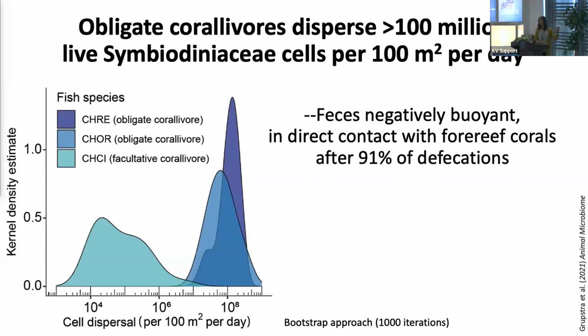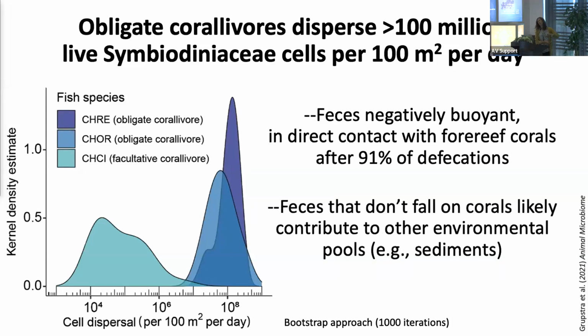We did ground truthing fish follows to make sure that the fishes were eating what we thought they were eating out on the reef, and to observe these defecation events and what happened to the feces. It's different on different parts of the reef, but on the part of the reef that has a lot of corals, when a fish would defecate, in 91% of the cases that we saw, at least some piece of the fecal material would land directly on a coral, which could facilitate transfer.